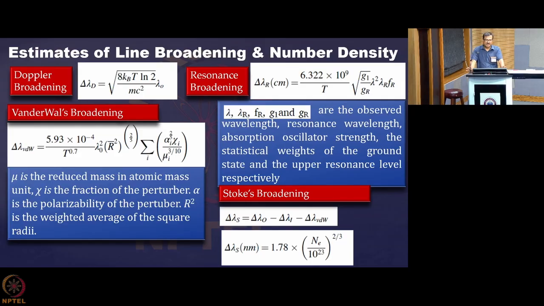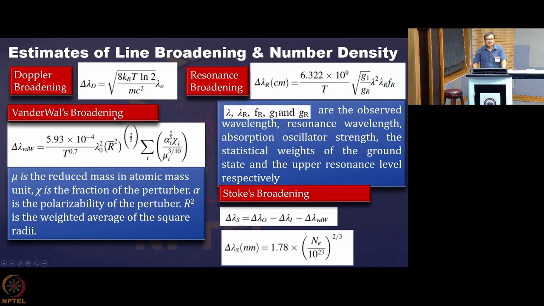From the literature you can find them out, and T is the temperature at which you are finding this broadening. This temperature you have already determined using the Boltzmann plot technique, or whatever method you have used earlier.